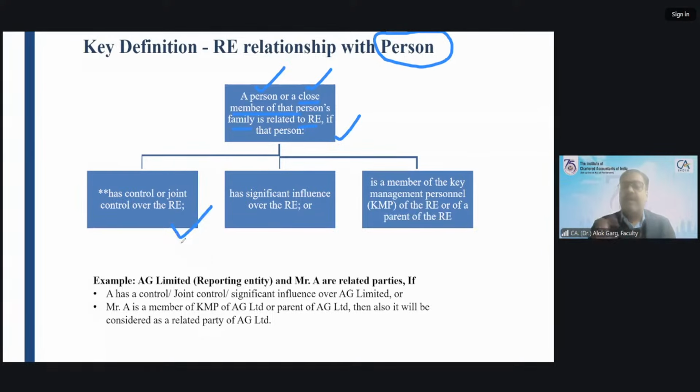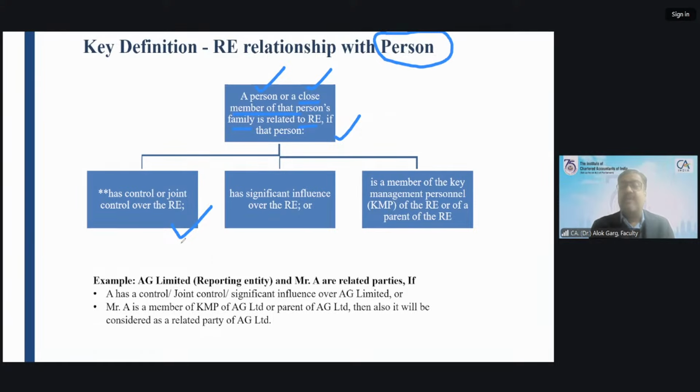So, Saminathan has control over Saminathan and Company Private Limited. Okay. Or Saminathan has joint control. Saminathan and his friend both become chartered accountants and both have founded Friends and Company Private Limited, co-founded by Saminathan and his friend.